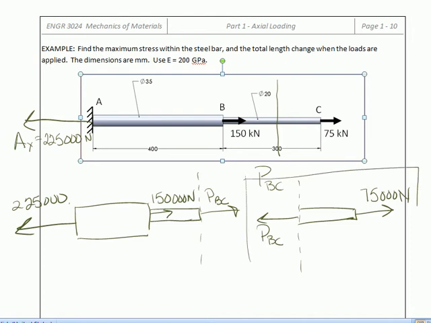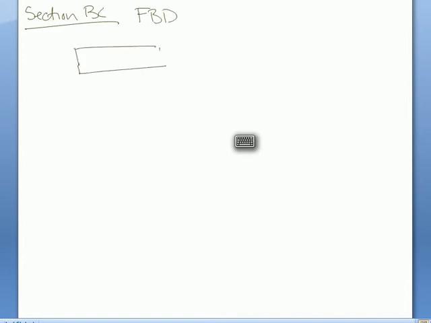The problem is much simpler if you choose to do the part of the structure that's to the right hand side of the cut face. Now, having chosen to use the portion of the structure to the right hand side of the cut in section BC, we can do our free body diagram of that portion of structure.